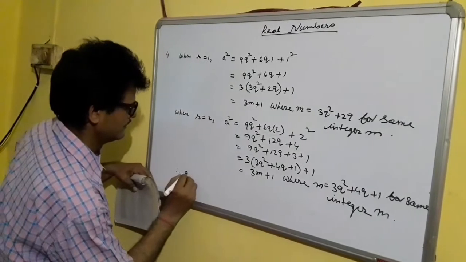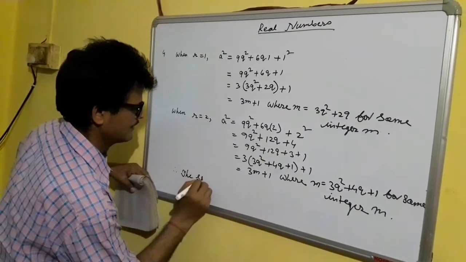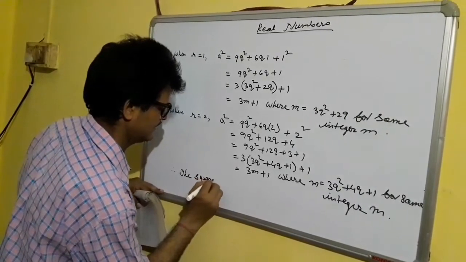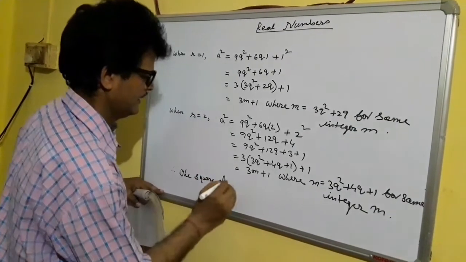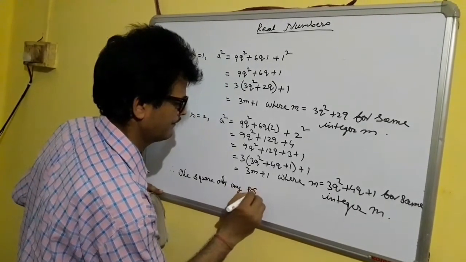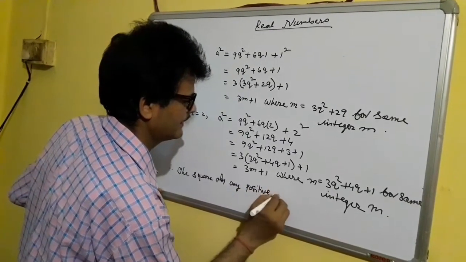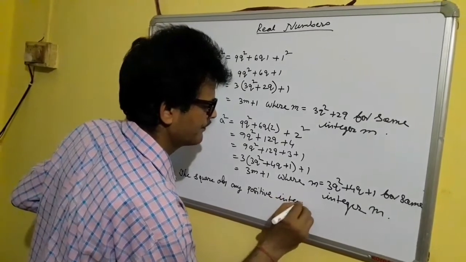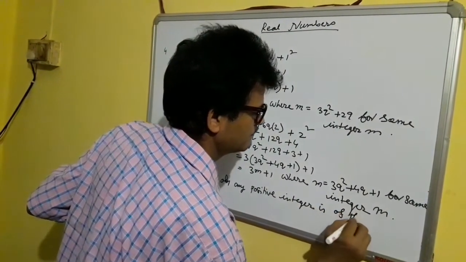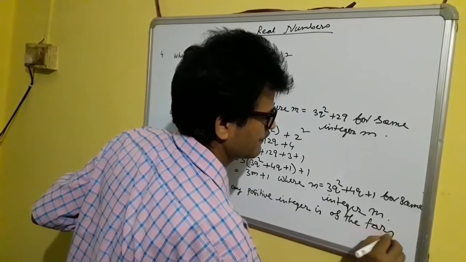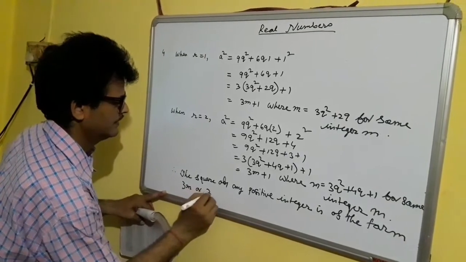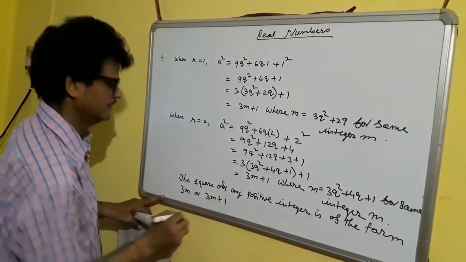Therefore the square of any positive integer is of the form thrice M or thrice M plus 1.